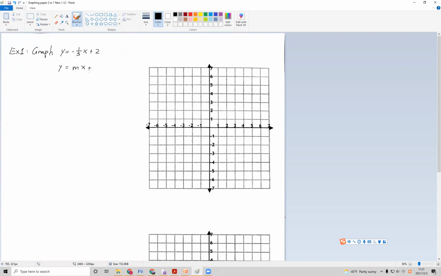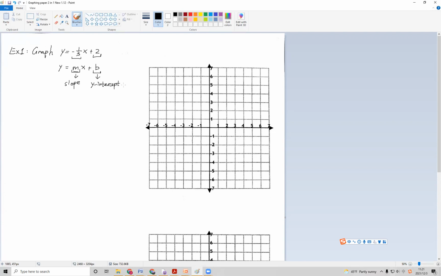What is m? Remember, m is your slope. What is your b? In this case, it is the number 2. b represents your y-intercept, which is where your line crosses the y-axis.